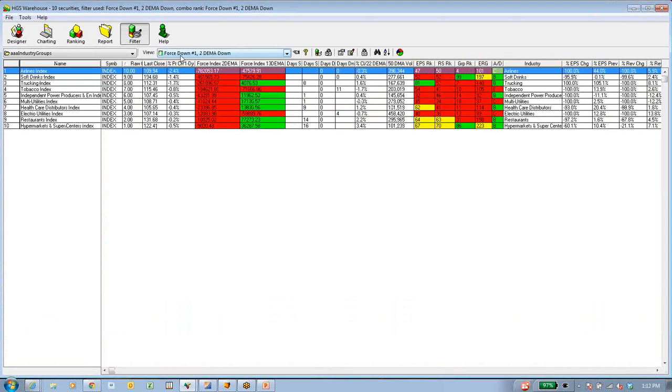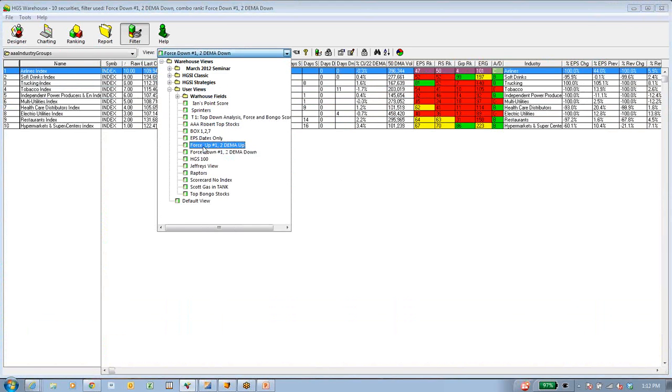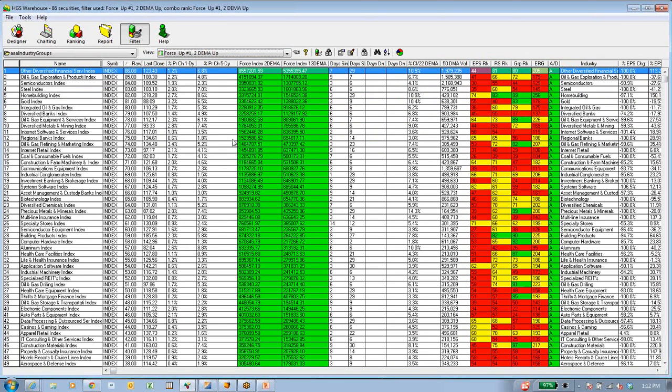So let's go back and look at where the strength was. Now the forced 2-day up is telling me volume and change in price, 2-day exponential moving average. It's really what happened the last 2 days. So as I've said before, financials are always at the top of one or the other list because of their volume. But if you look at 5-day performance of financials, up almost 7%, up over 1% on Friday.